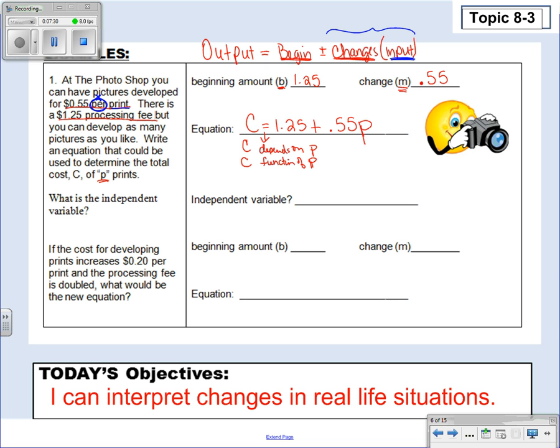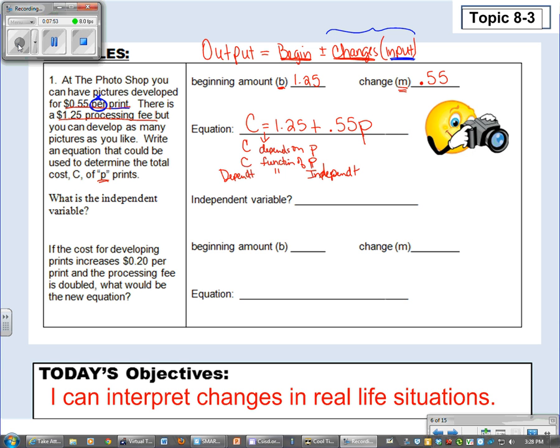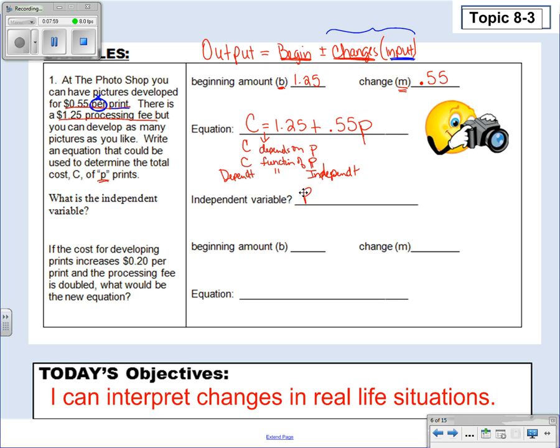So C is a function of P. Once I know this information, then I know that our dependent depends on or is a function of the independent variable. Can't spell today. Now that we have our dependent and independent labeled, we can see our independent variable is the P, or the number of prints.